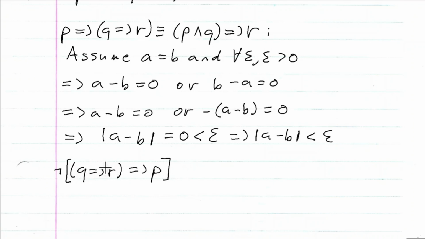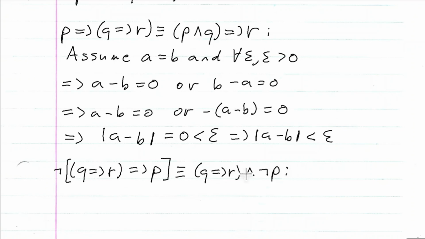The negation of this statement is logically equivalent to Q implies R and the negation of P. So if we can get a contradiction here, that means the original statement has to be correct, because the negation was not correct.